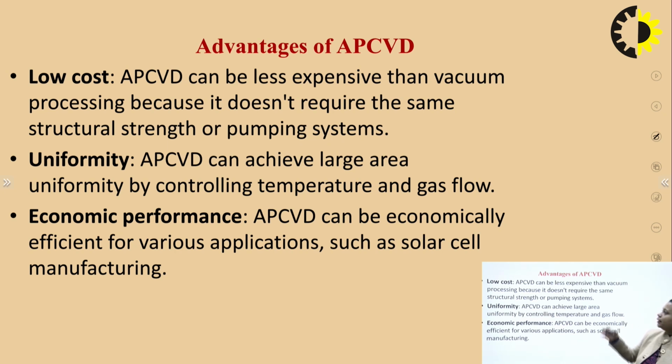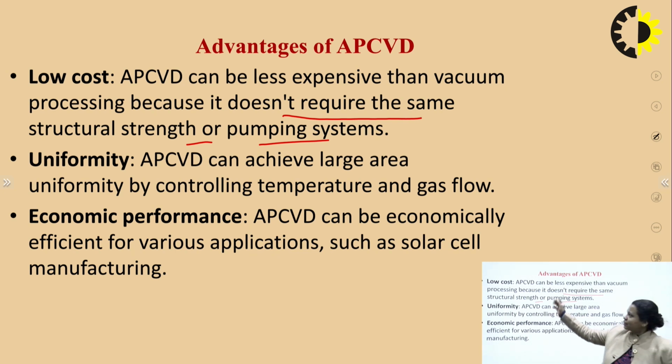It utilizes only the atmospheric pressure, and it can be less expensive than vacuum processing, because it does not require the same structural strength or pumping system, which we require in the other methods I am going to explain. There we have to maintain the pressure in the vacuum chamber, right?